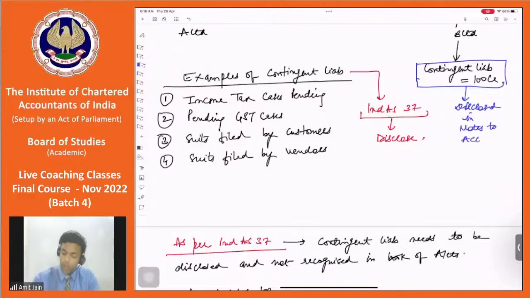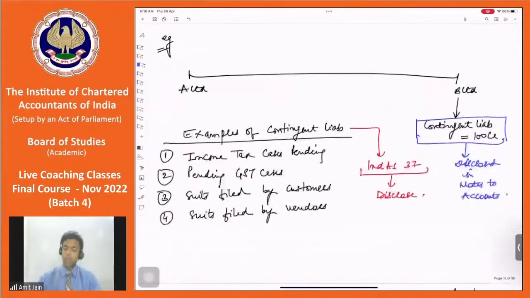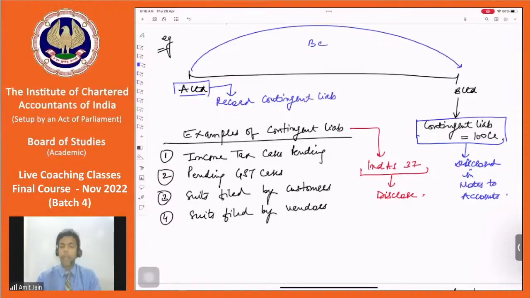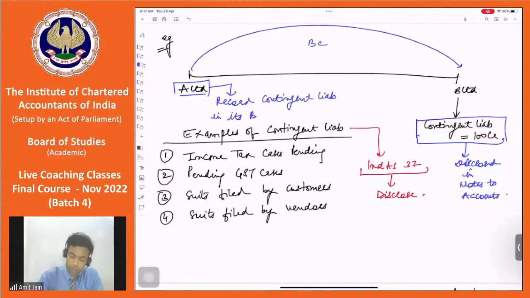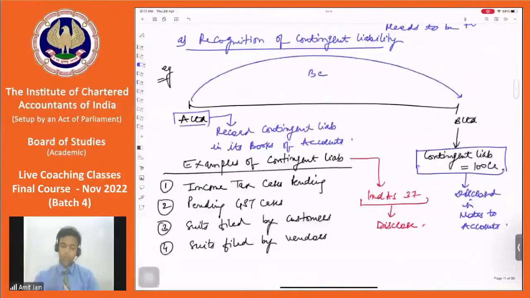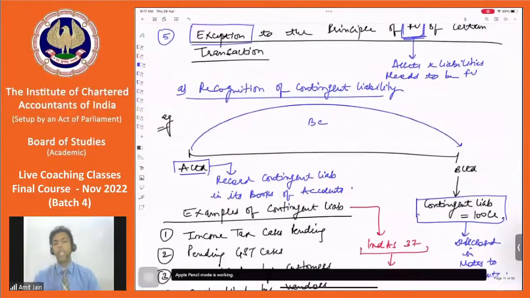I hope guys you must have seen the notes to accounts, how it is to be prepared, right? And in a case of business combination, A will record contingent liability in its books of accounts. Clear guys? This is called an exemption or exception of Ind AS 37.